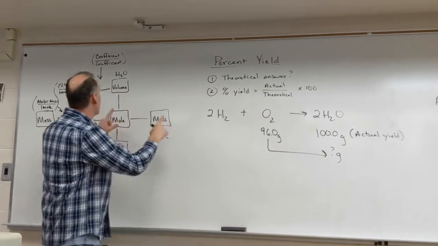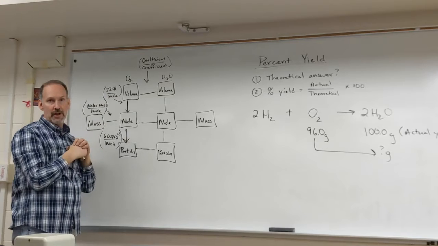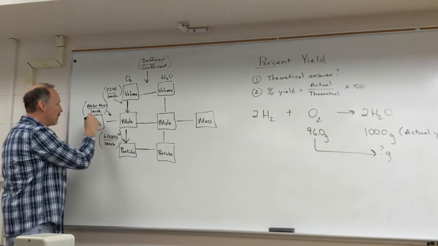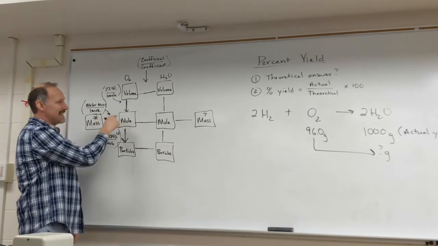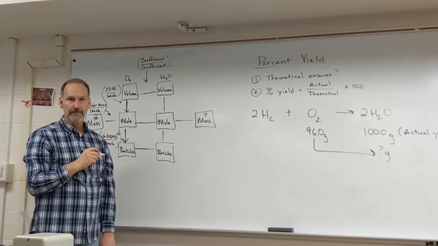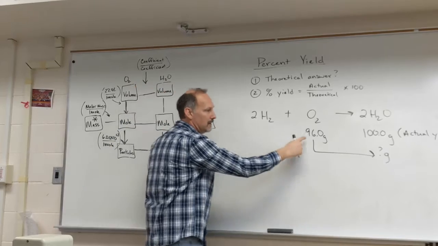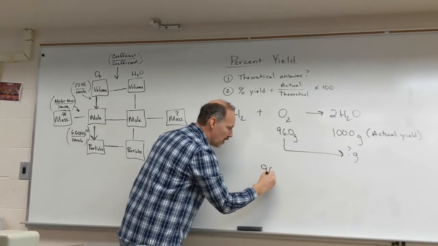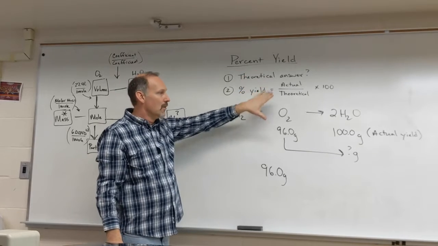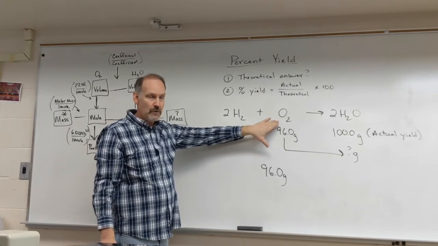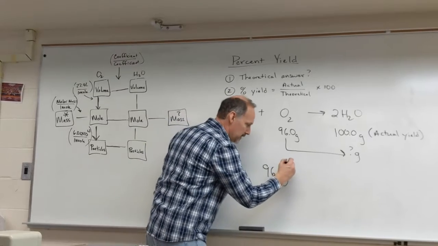So we're going to write oxygen and water above our charts. We're going to go from a mass to a mass, and we can see it is 3 jumps. Okay? So we're going to write down our given number, 96 grams. So you're always starting in a theoretical yield, percent yield problem, with the reactant. Okay? So we're going to do our 3 jumps.